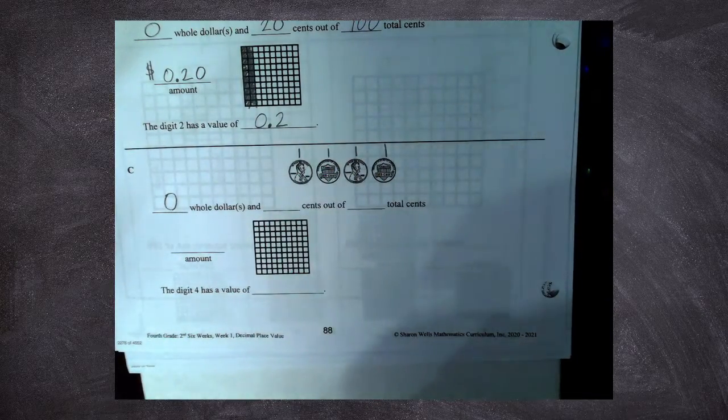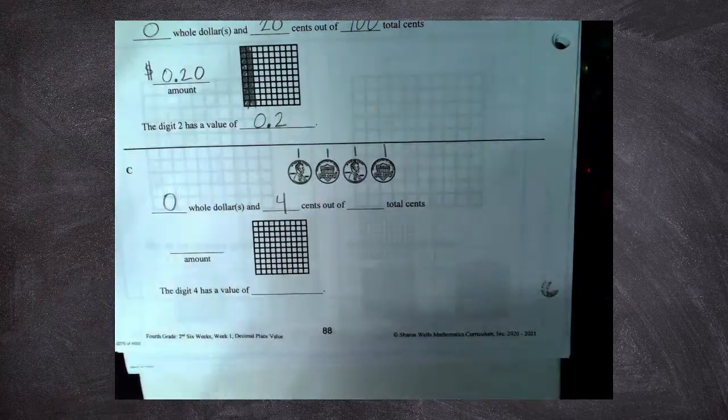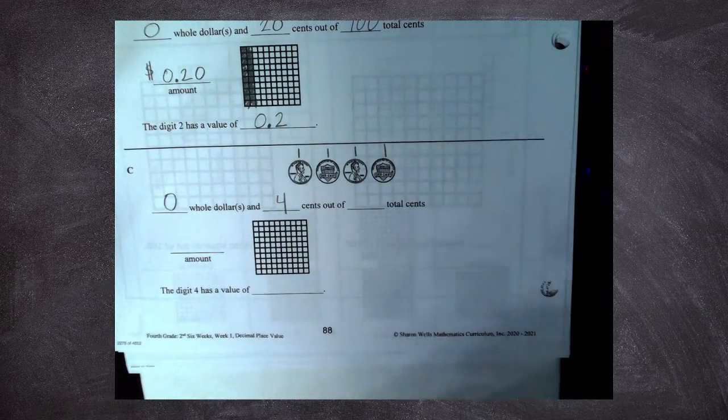How many cents would you have if you had all these coins in the picture? You would have what? Kylie? You would have 4 pennies. 4 pennies, which is how many cents? 4. 4 cents out of blank total cents. Again, who can tell me how many cents does it take to make $1?